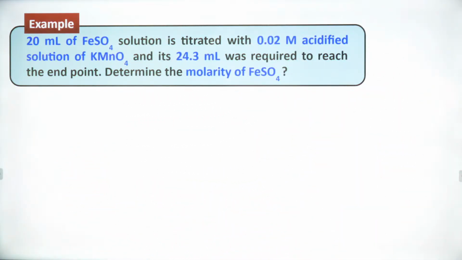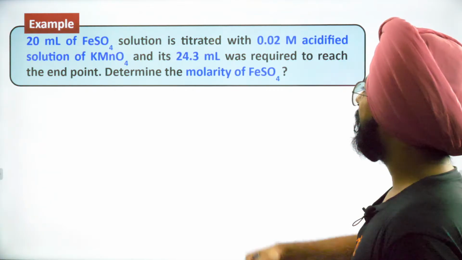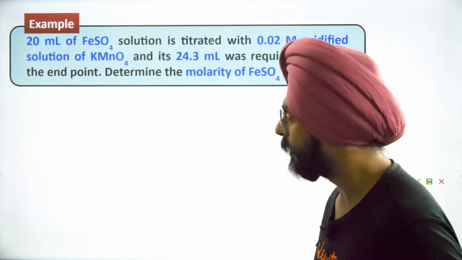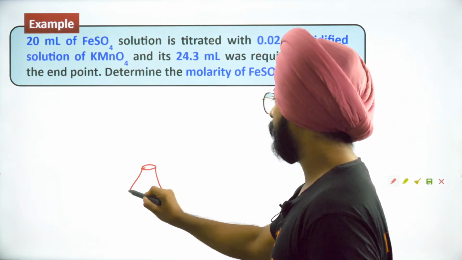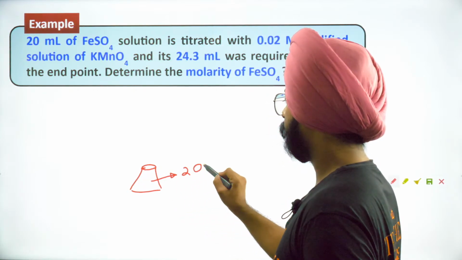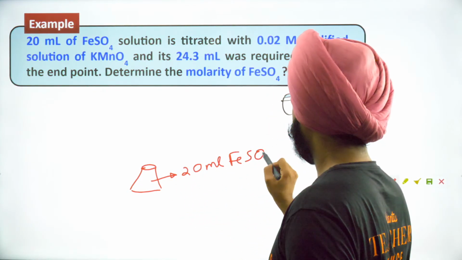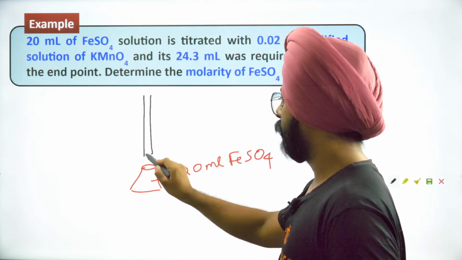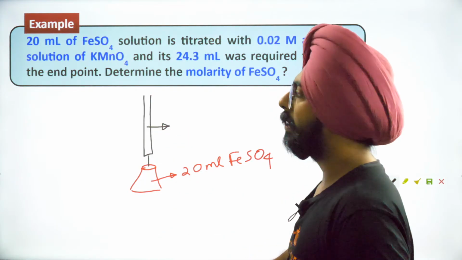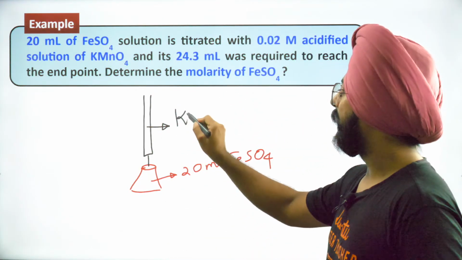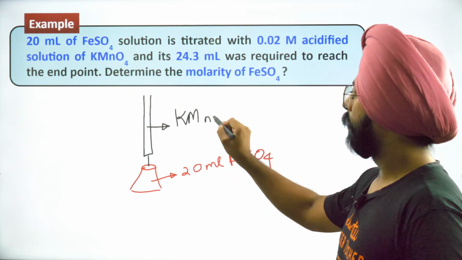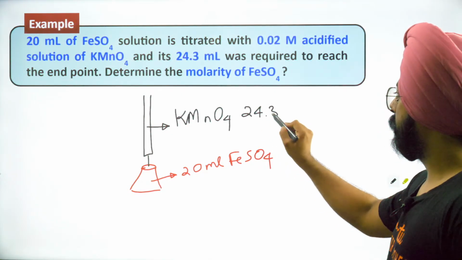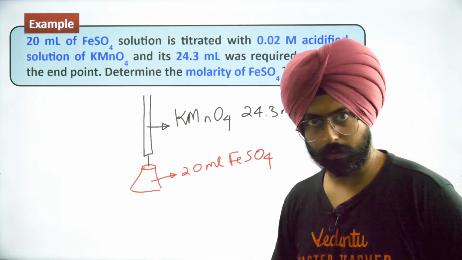So 20 milliliters of FeSO4 solution is titrated with 0.02 molar acidified solution of KMnO4. What it means is that you took 20 ml of FeSO4 solution inside the conical flask, and in the burette on the top, you had taken the solution of KMnO4, and you required 24.3 milliliters of this KMnO4 solution.